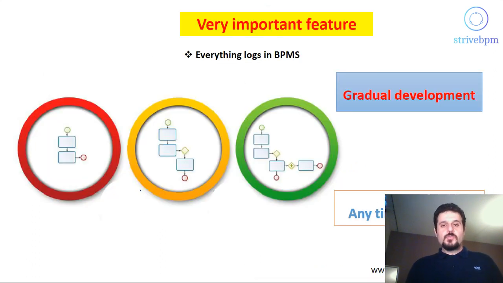And you should know that everything is logged in BPMS and it's a gradual development. We are a small business. After that, we should grow. As we grow, our processes can be changed. One important factor that makes all businesses tend to BPM, can you remember what this is? The flexibility.